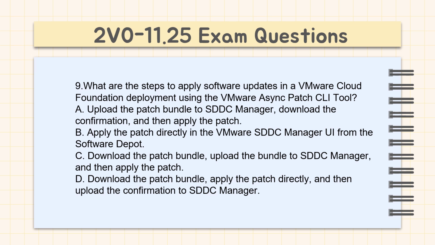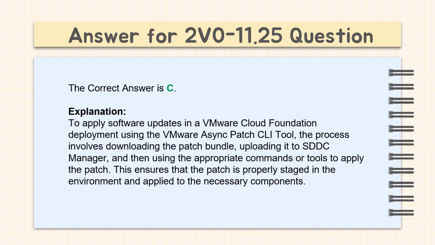B. Apply the patch directly in the VMware SDDC Manager UI from the Software Depot. C. Download the patch bundle, upload the bundle to SDDC Manager, and then apply the patch. D. Download the patch bundle, apply the patch directly, and then upload the confirmation to SDDC Manager. The correct answer is C.